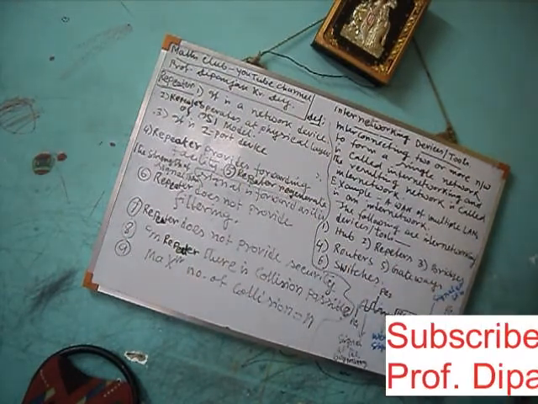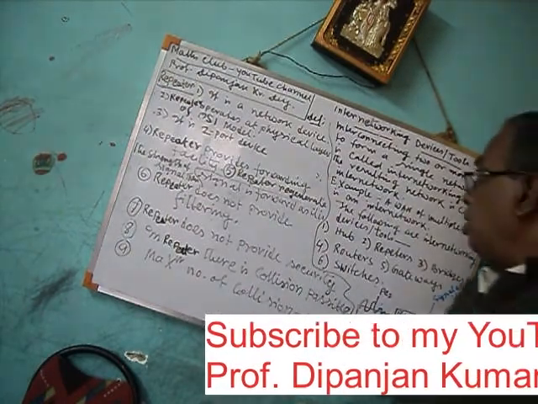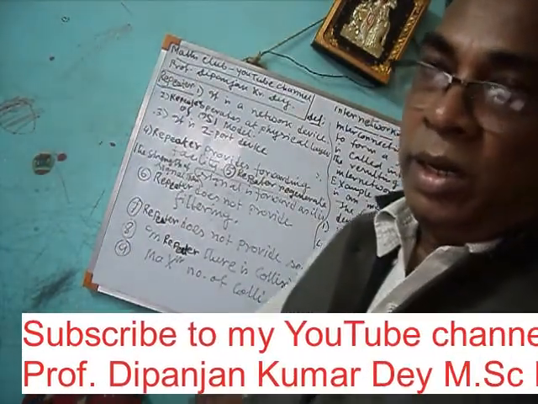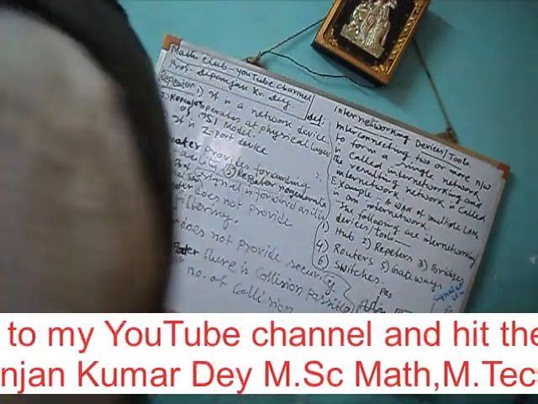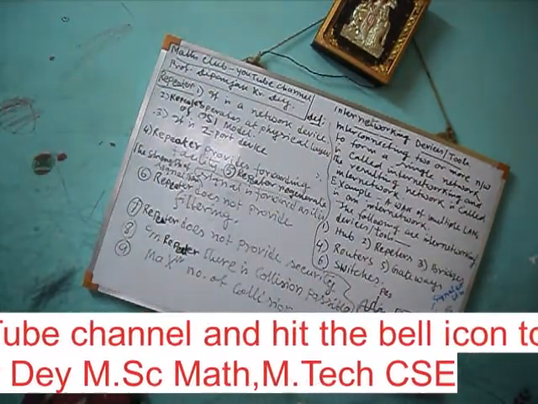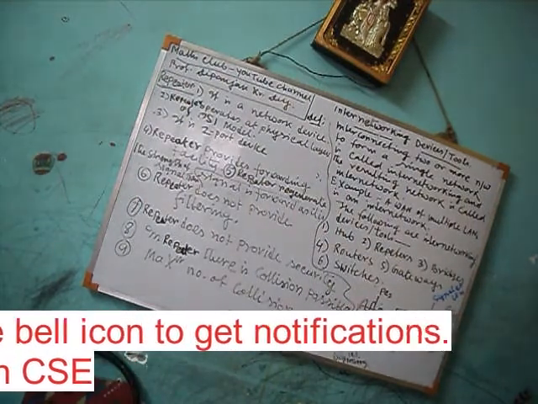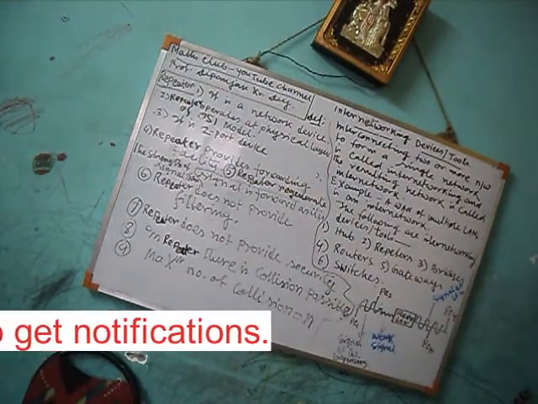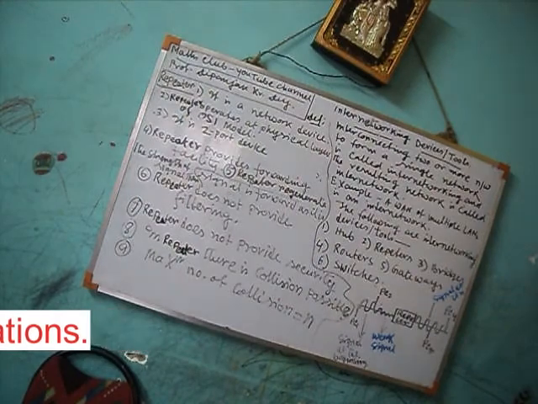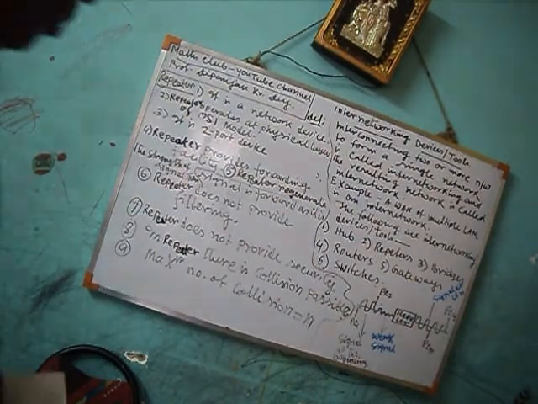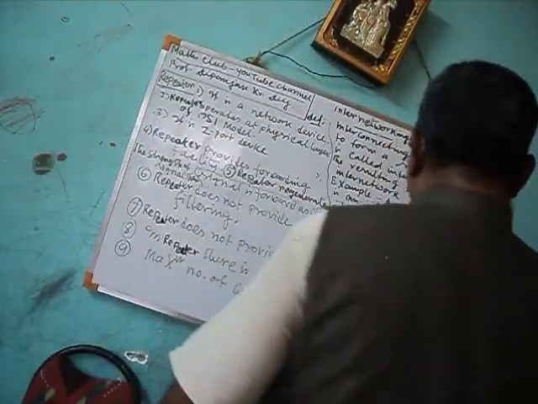These are the internetworking devices used in internetworking. So I'll explain now what is the repeater. Firstly, you see, repeater is an internetworking device.